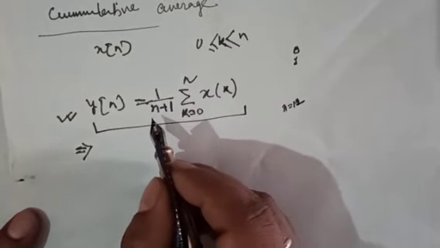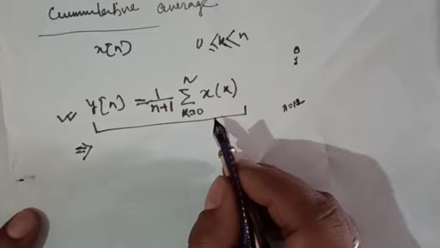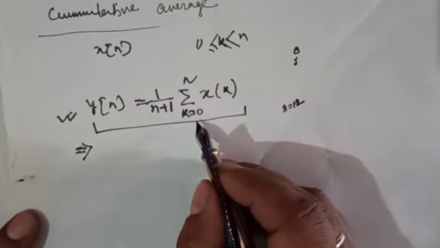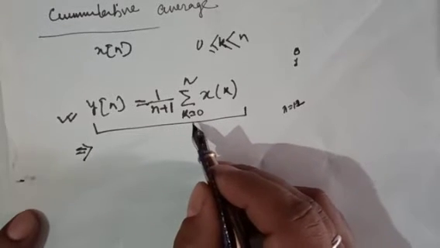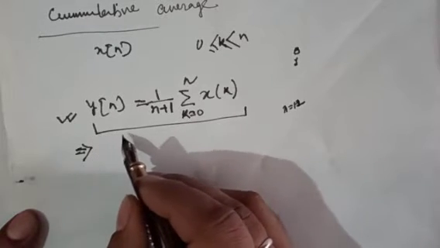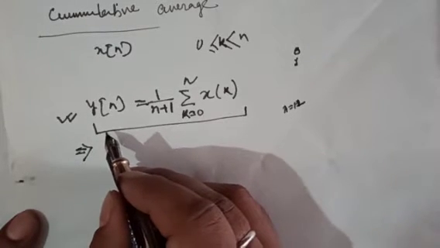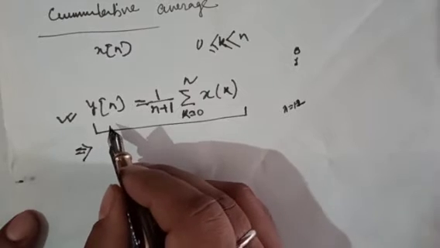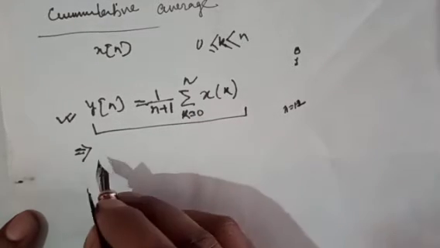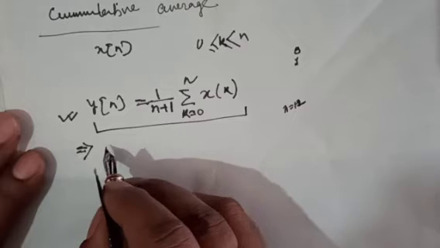It requires only the present input as well as all the past inputs. Here there is no past output, that means there is no feedback, so it is a non-recursive system. Now let us simplify this equation a little.